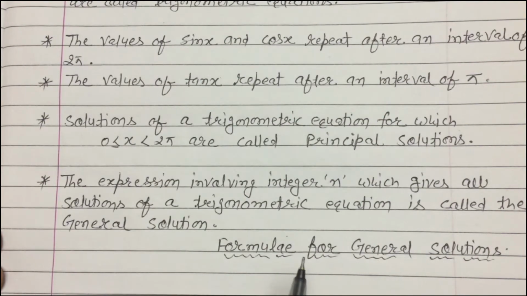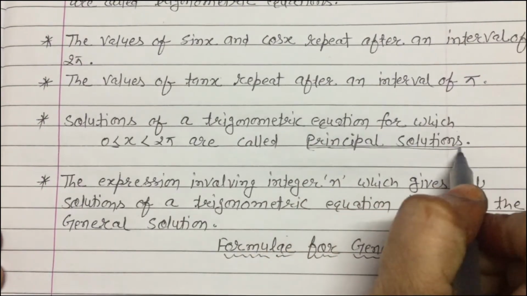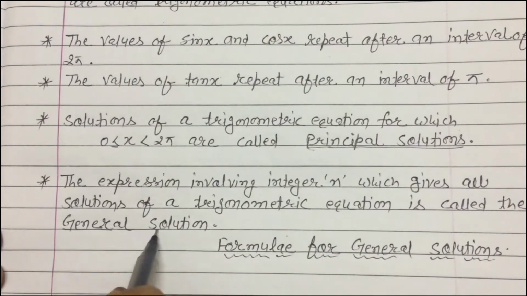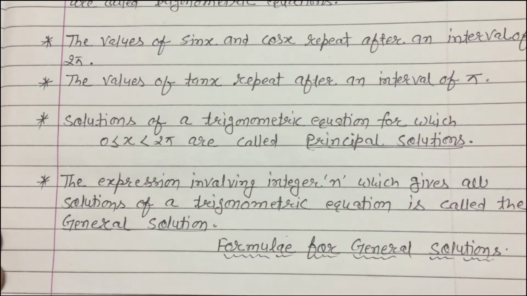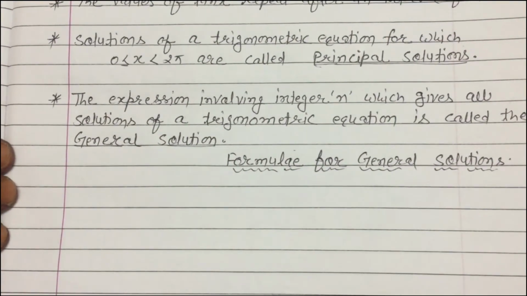So there are two important kinds of solutions, principal solutions and general solutions. To get general solutions there are some formulas, so first let's discuss the formulas for general solution.